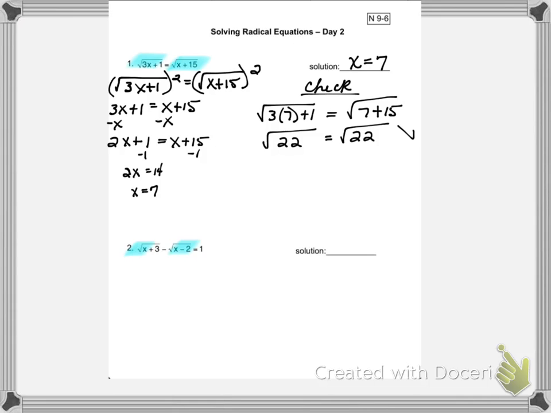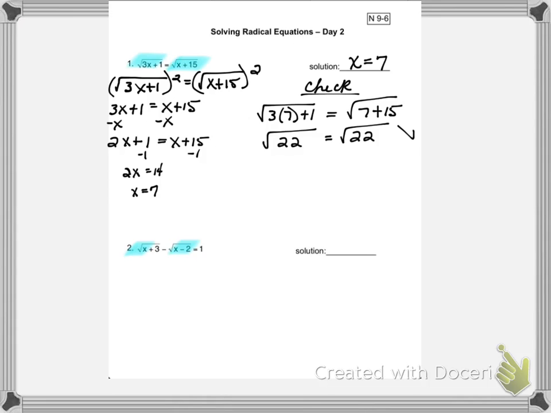Now let's go on to problem number 2. And in problem number 2, again, we have two square roots, but they're on the same side of the equal sign. So obviously the first thing we need to do is to get one on one side and one on the other side.